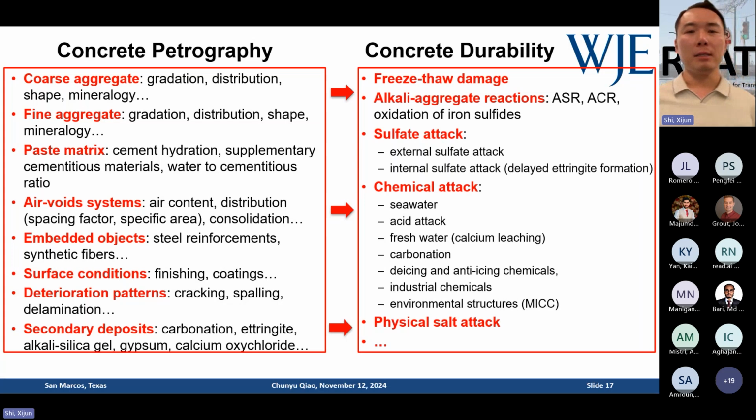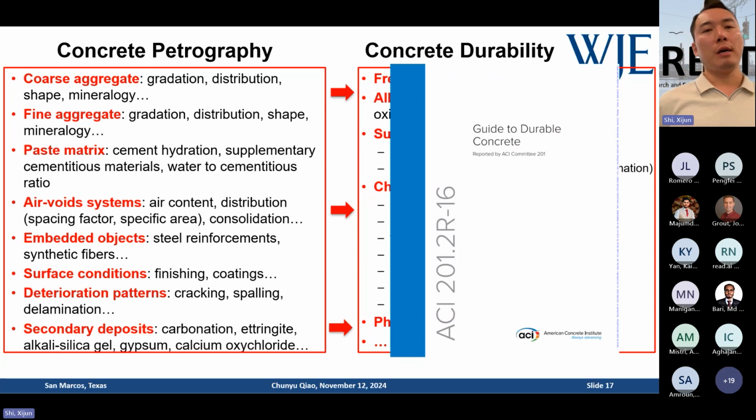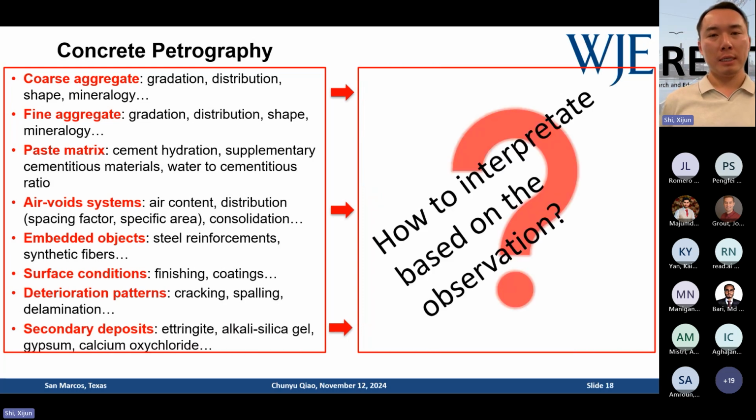So we call that MICC. We can look at those kinds of damage, cracking or deterioration of the material itself. Also, physical salt attack and so on and so forth. Again, most all of that has been well documented in ACI 201.